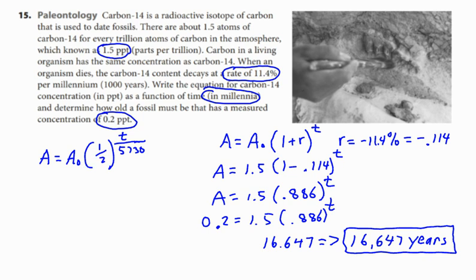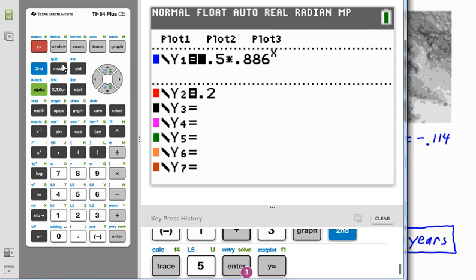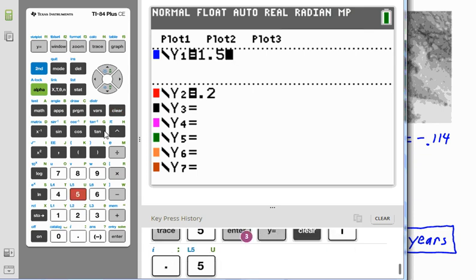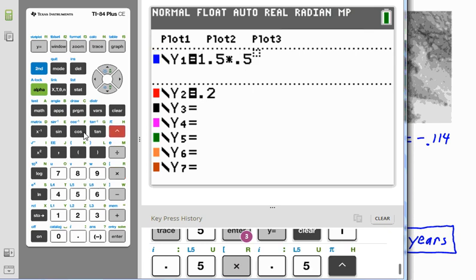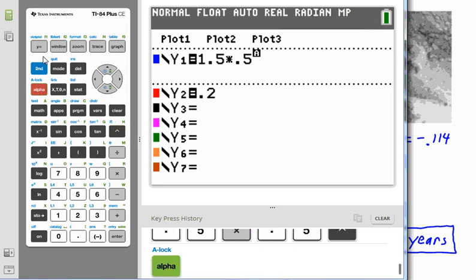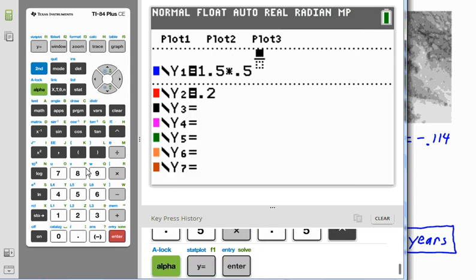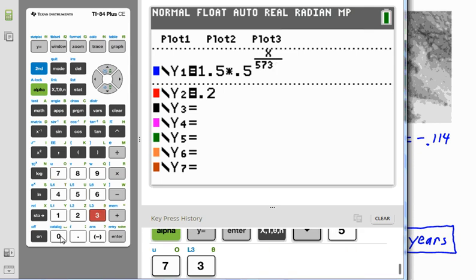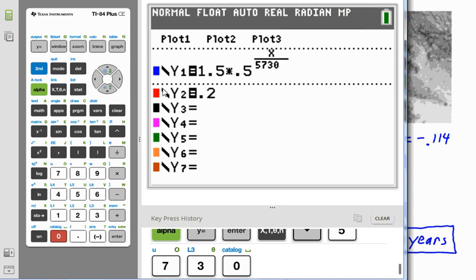I'm going to go back to the calculator just to show you what it looks like. We'll do that as 0.2 and put 1.5 times 0.5, which is half-life, to the power of x over the half-life of carbon-14, which is 5,730 years. And in this case, we're in years.